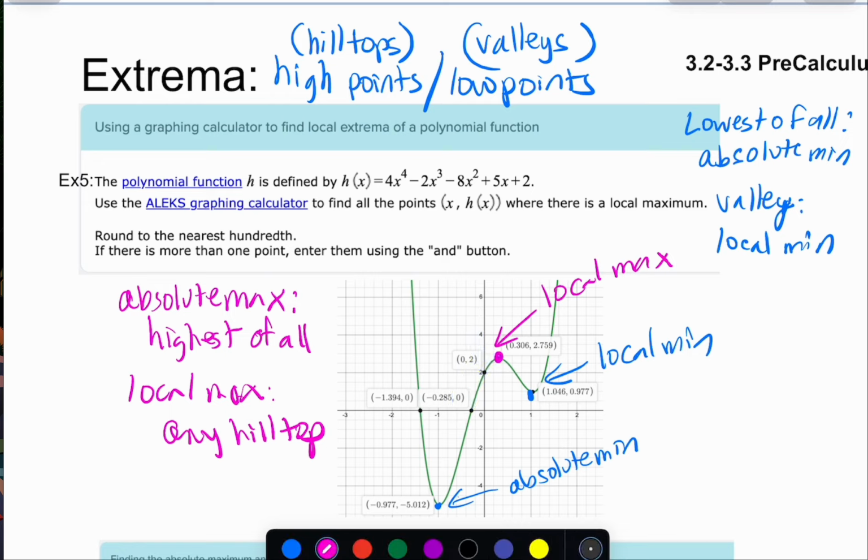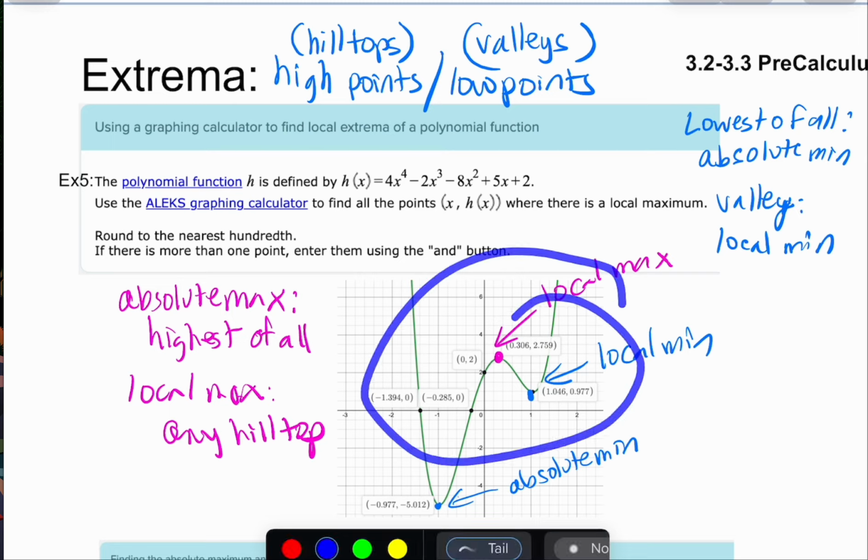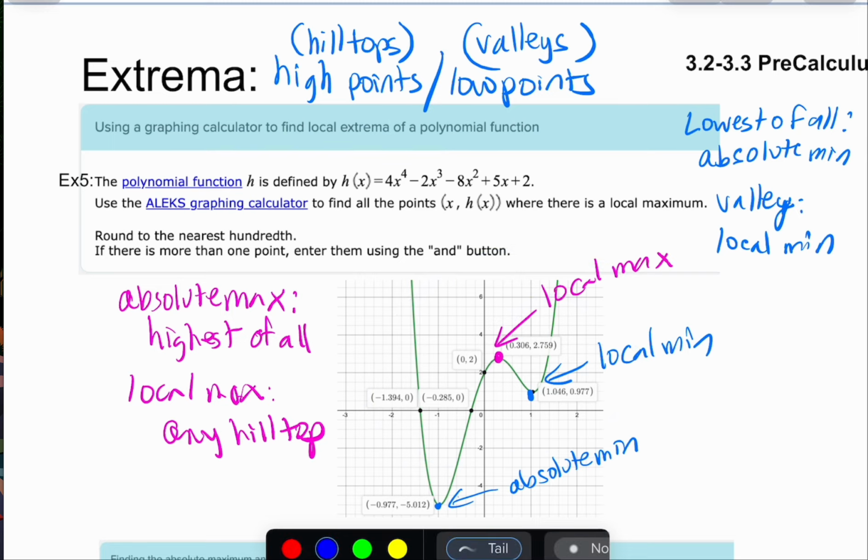Okay. Now it says to round to the nearest hundredth, use the Alex graphing calculator. Most of the time, the graphing calculators are going to have little dots that highlight the ones that are hills and valleys. So if they wanted a local maximum, that is the only point there. So it's 0.306, 2.759.